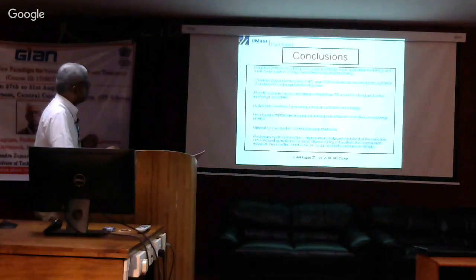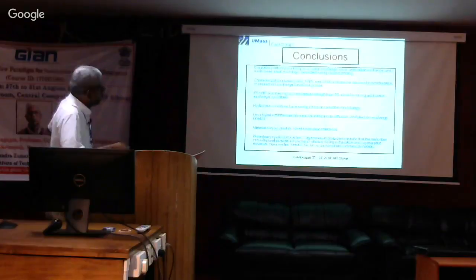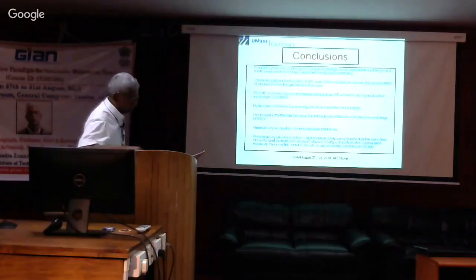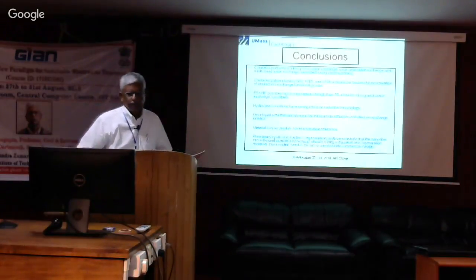Okay, so what are the conclusions? We were able to create a platform for strong acid cation exchange, weak acid cation exchange, and weak base anion exchange fibers using electrospinning of nanofibers. Or nowadays we don't use the word nanofiber, we use submicron, because reviewers don't like it.